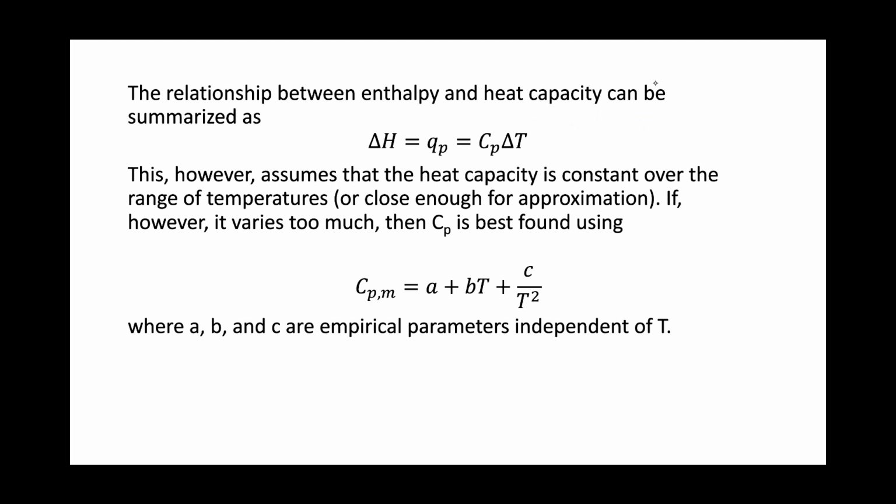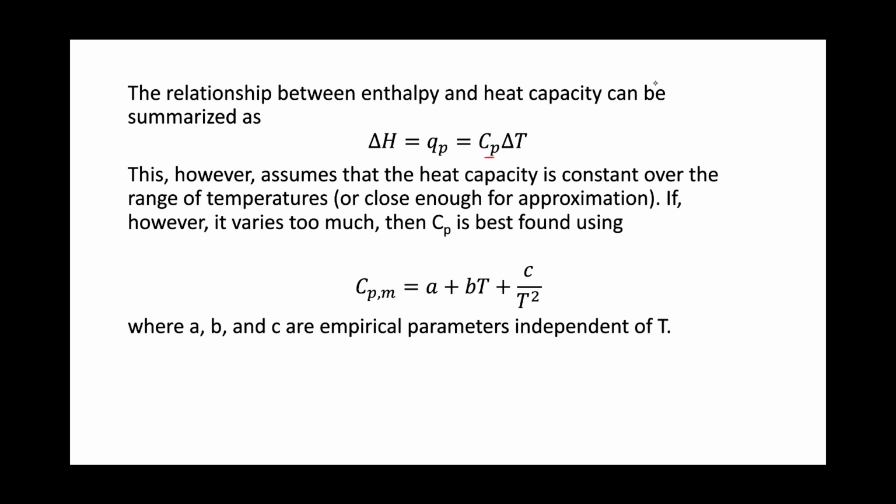This of course assumes that the heat capacity is constant over the range of temperatures, or as it says, is close enough for approximation. If our CP changes too much, though, then we use some sort of a more detailed breakdown. Going back to topic 1, I talked about the virial equation of state, where we break it up into smaller and smaller pieces.